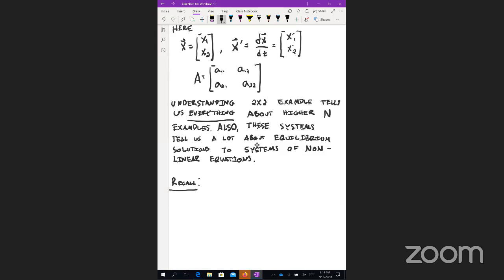So at the end of the discussion last time, we had written down the following formula.